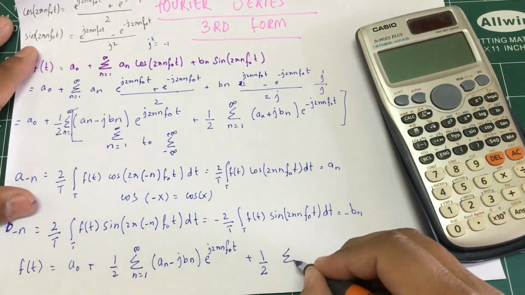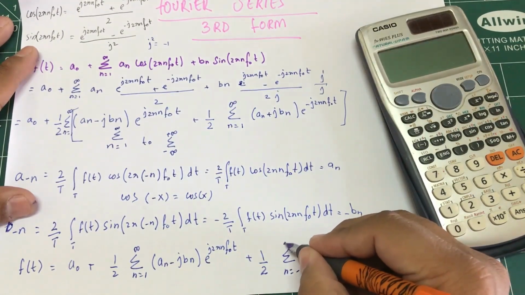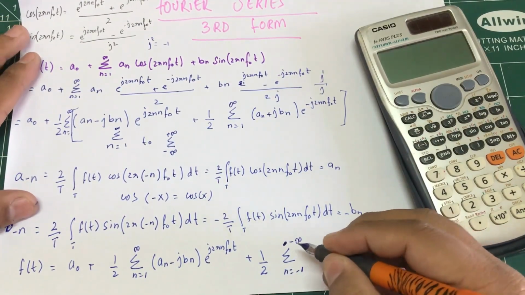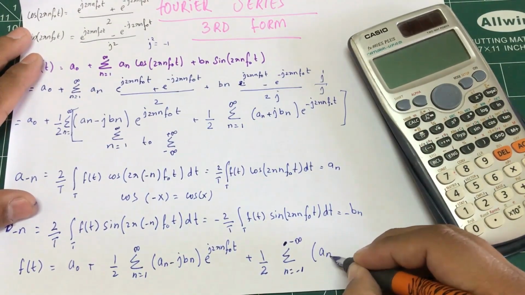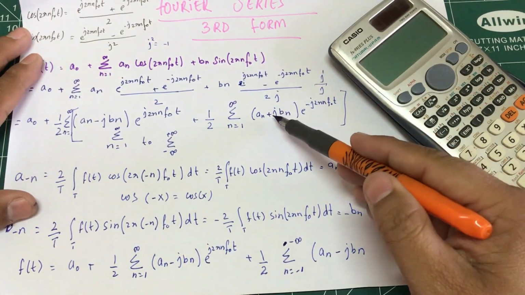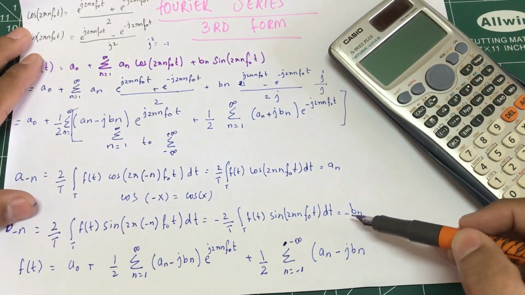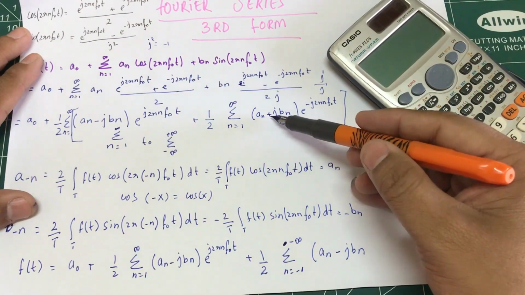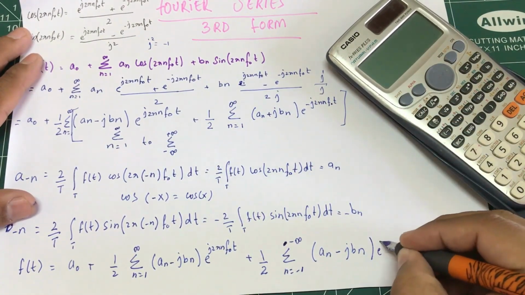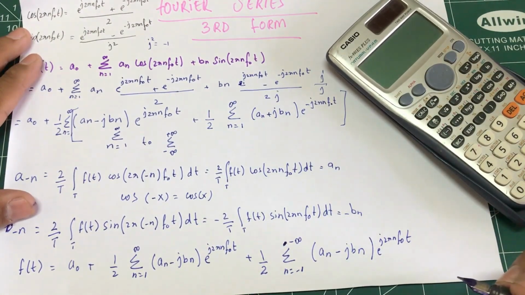Now this summation is going from negative 1 to negative infinity, and that is becoming an minus jbn. Why minus jbn? Remember, we had a positive sign and there's this negative sign, so negative bn. So negative bn, when I put this negative plus minus minus, this would become negative jbn times e to the j 2 pi n f0 t.